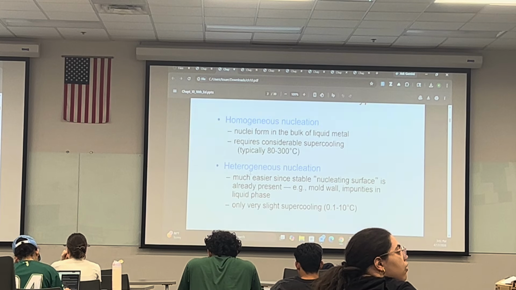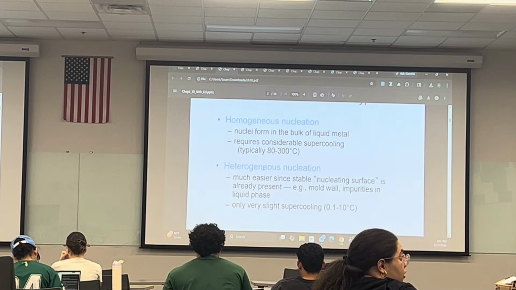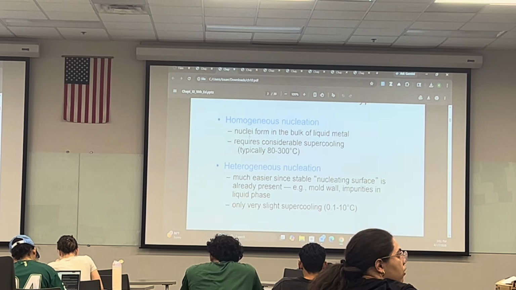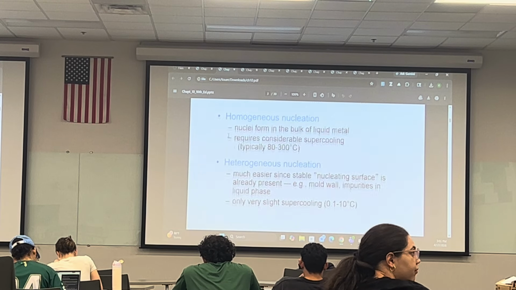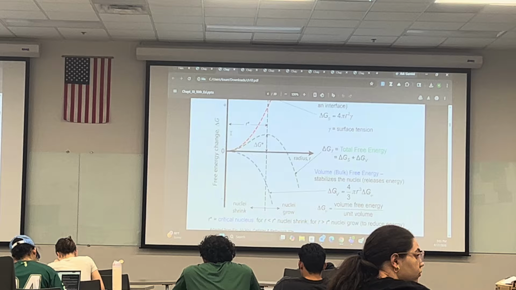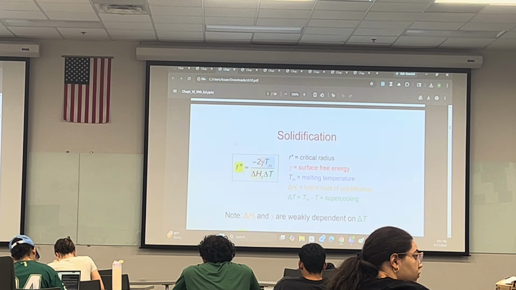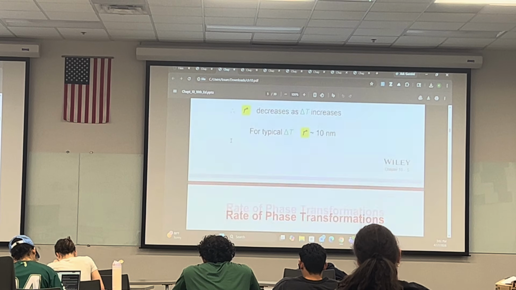We introduced heterogeneous nucleation, but we didn't focus on it. We had a couple of formulas about homogeneous nucleation, like the critical radius for the nucleation.